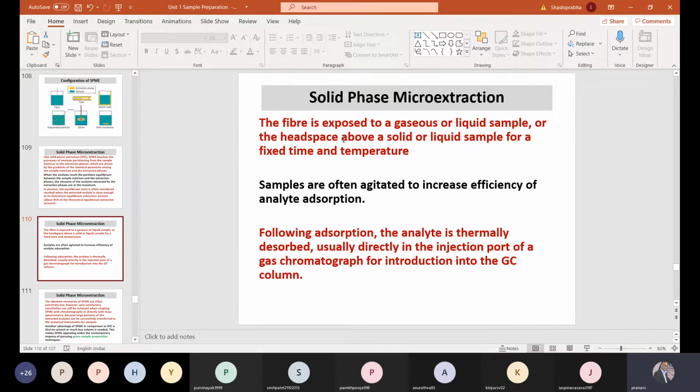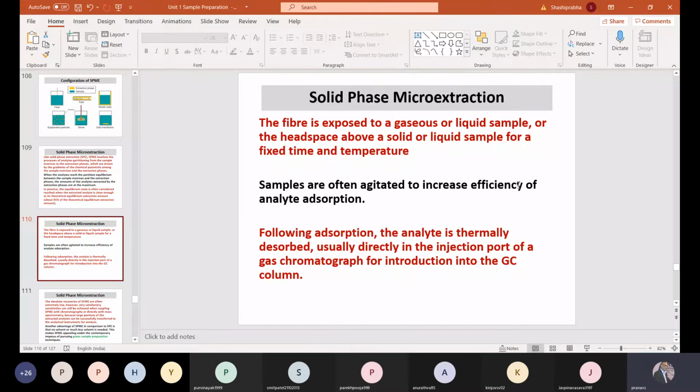So as it is written, samples are often agitated to increase the efficiency. मतलब कभी हमें गर्म भी करना पड़ता है, कभी हमें shake भी करना पड़ता है sample को, so that extraction efficiency increases. And once it is extracted, you remove it, and then you can directly desorb into a suitable system thermally.